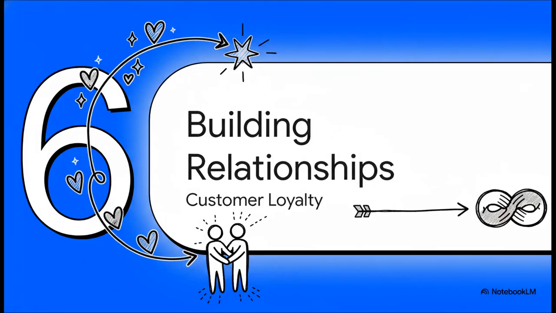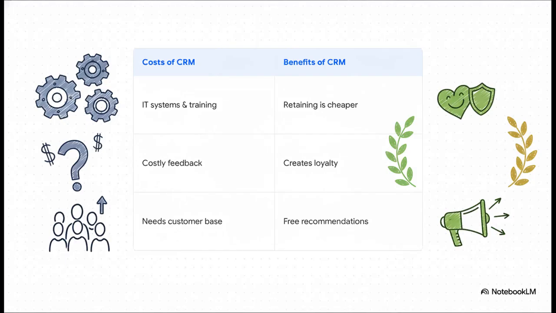And this brings us to our final section, which really ties a lot of these ideas together. You see, in modern marketing, the goal has really shifted from just making a single sale to building long-term, profitable relationships with customers. This focus on relationships is often managed through something called customer relationship marketing, or CRM.